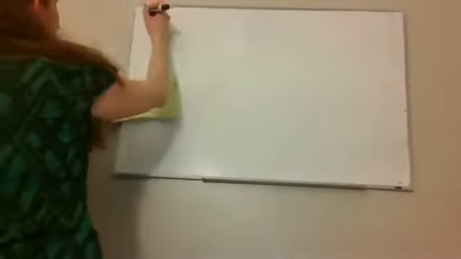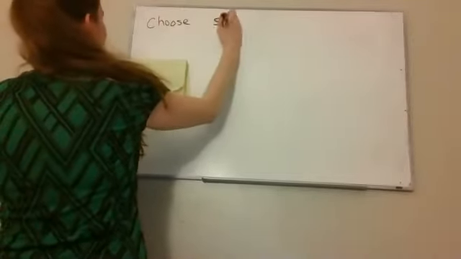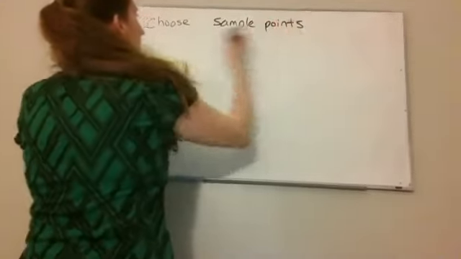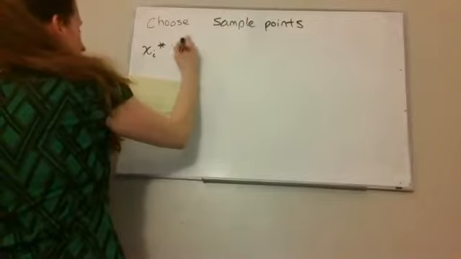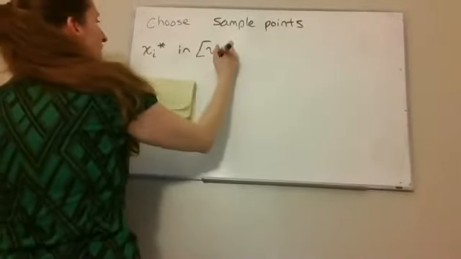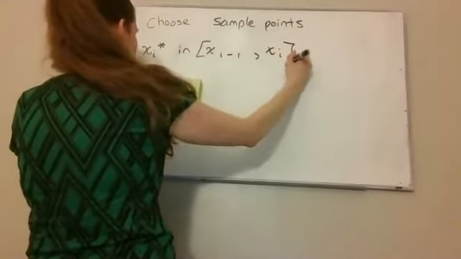So, we're going to choose sample points xi star in each subinterval xi minus 1 to xi.